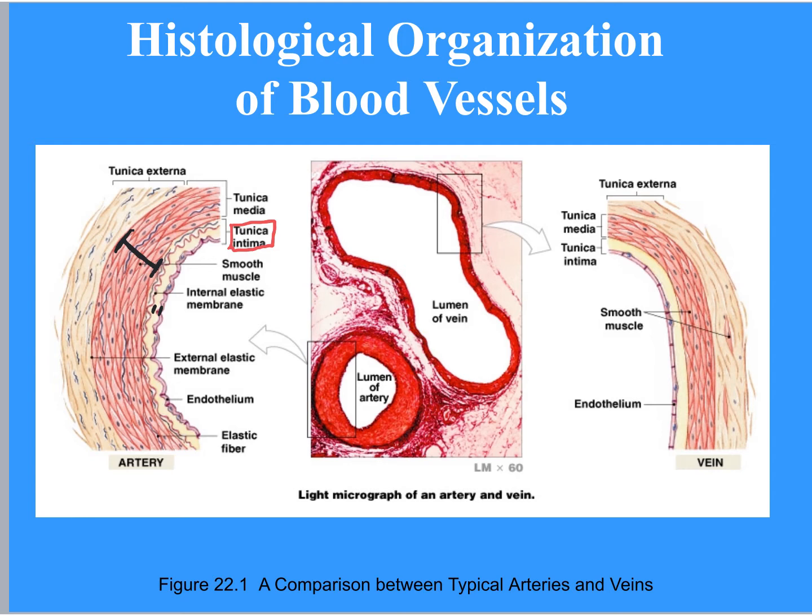And the reason for that is arteries are under a great amount of pressure that has been generated by the heart. So arteries need to be able to withstand the pressure that the heart generates and also expand as blood passes through.